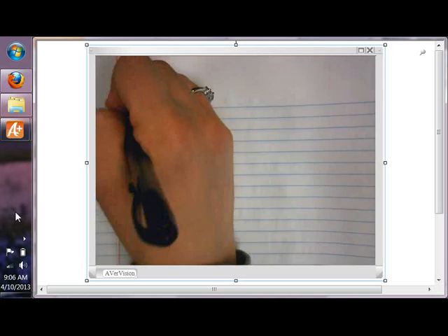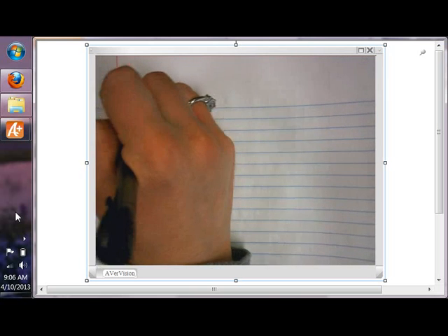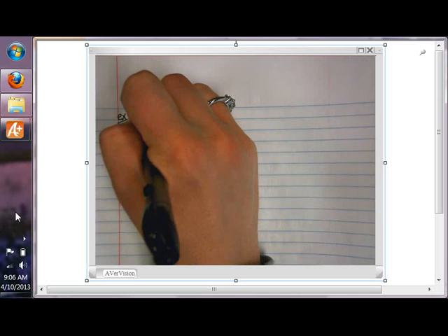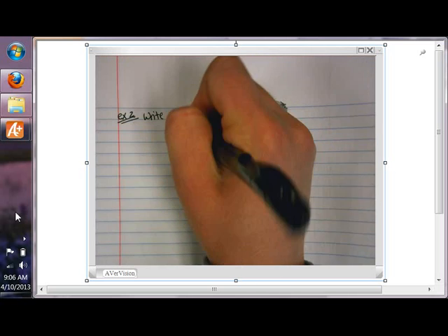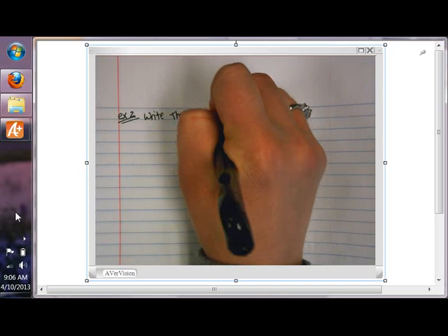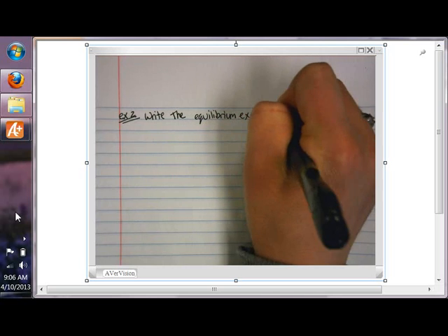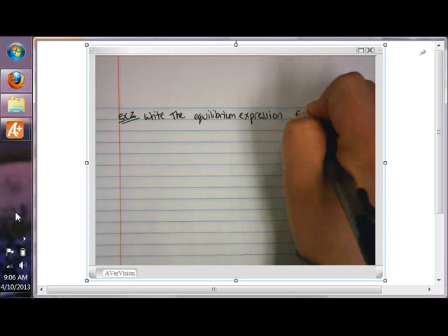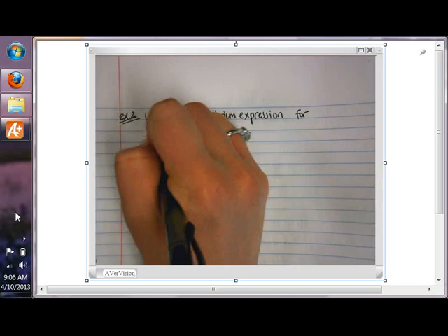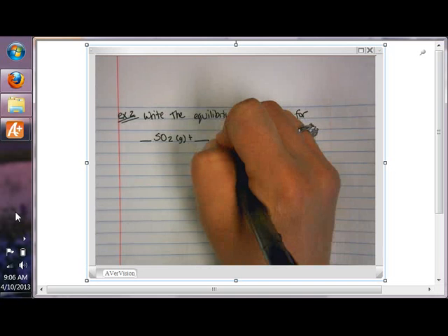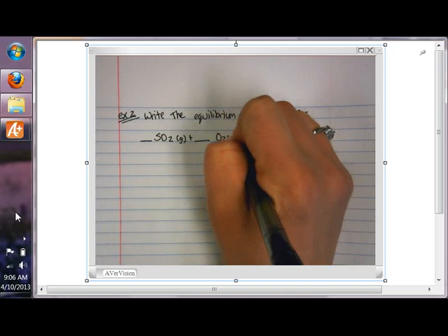So, example 2 is going to say, write the equilibrium expression for SO2 gas plus O2 gas, equilibrium arrow.